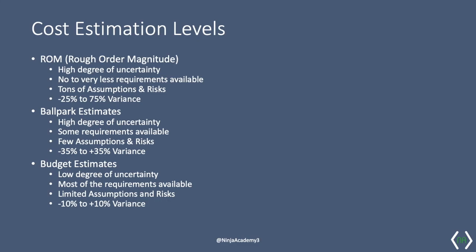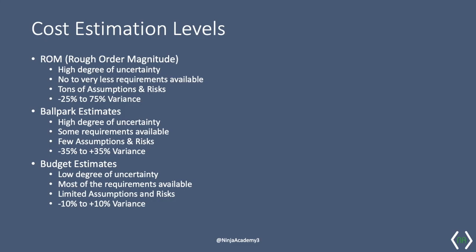Ballpark estimate can be used when there's less uncertainty and better understanding of your risks, assumptions, and dependencies. If you estimate the cost of the project at $500,000, your project cost can vary between $200,000 and $800,000. Budget estimates can be used when you have very good understanding of the project requirements with little to no ambiguity. The estimate stays intact for the most part of the project, but having a contingency of, let's say, 10% is always beneficial.